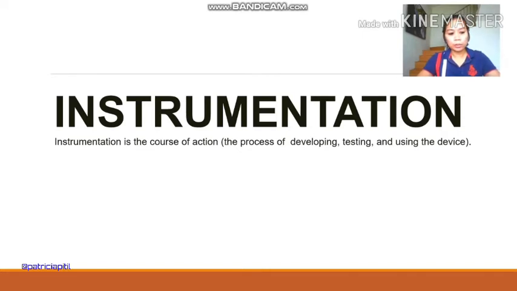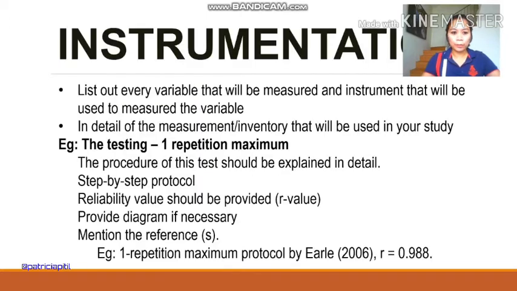So the instrumentation means that you have to outline the details of the inventory, the questionnaire that you will be using. If you realize, I always ask you to put the author's name of the questionnaire that you are going to use for collecting the dependent variables of your study. So it's very important for you to know the name of your instrumentation.